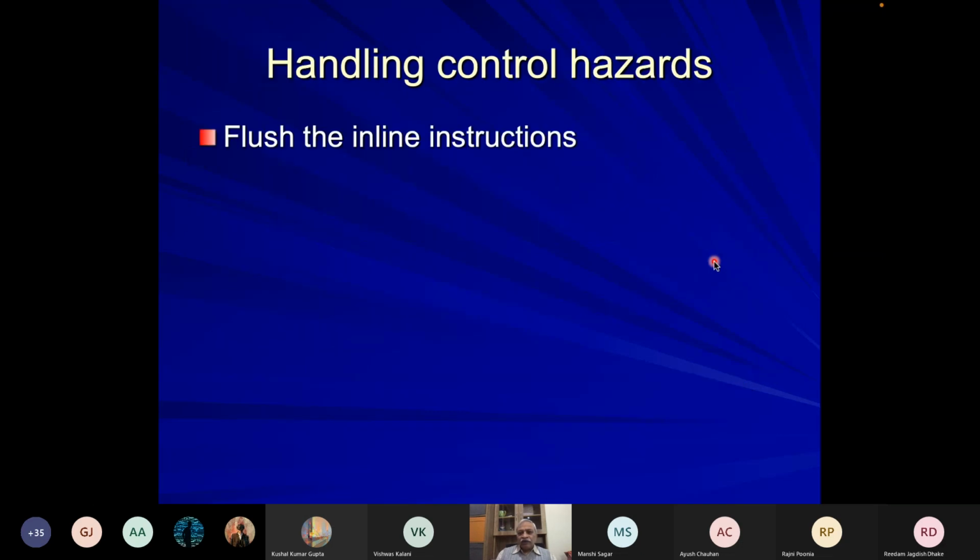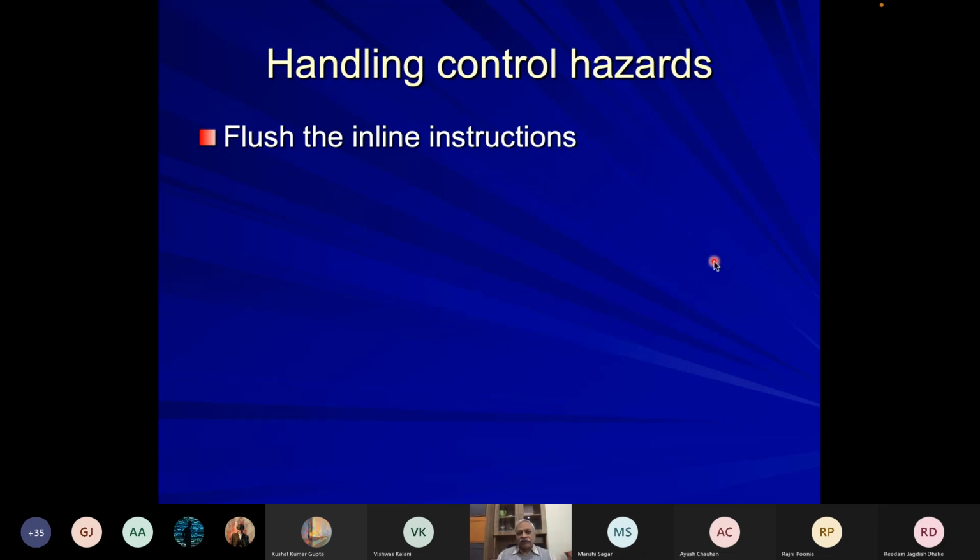So now, how do you treat a branch instruction? One simplest approach is that the moment you see that the current instruction is a branch instruction, you flush out the remaining instructions which may have come into the pipeline after this branch, because you will postpone the decision till you know whether you have to branch or not.